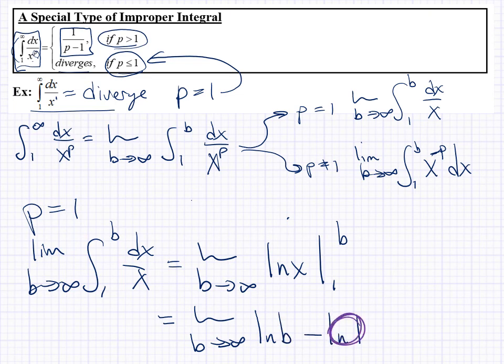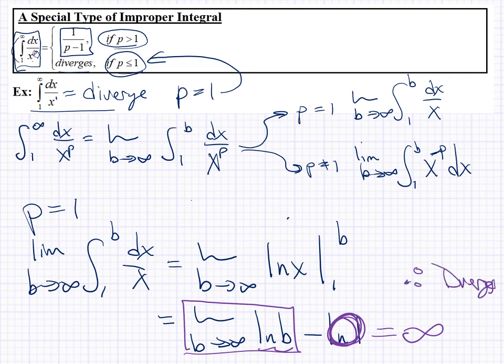Log 1 is 0, so it's all just based off of this log b as b goes to infinity. But the limit of log b as b goes to infinity is infinity. So we end up with infinity as the answer, therefore it diverges. So you see, when p equals 1, specifically this integral right here, you know it's going to diverge.